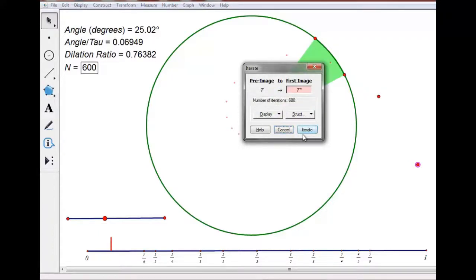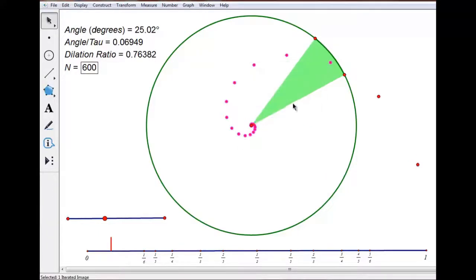The points will spiral inward. Now, some interesting things happen when the angle is changed. The outermost point is moving slowly, but the inner points move faster, the closer they are to the center. Do you understand why?